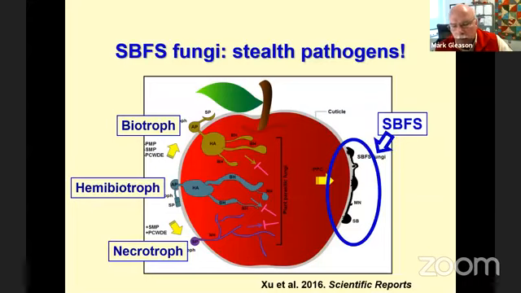So all those chemical weapons are not as needed as they are for plant penetrators. Sooty blotch and flyspeck fungi are living there quietly, and that's why we call them stealth fungi, as they seem to escape the notice of the host defenses.